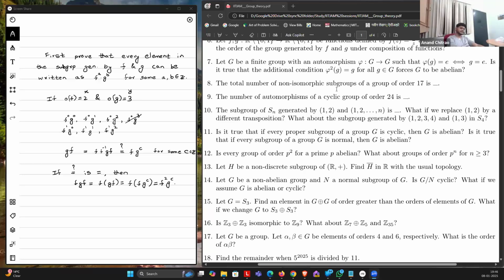And the cardinality of U24 is 9. Yeah, why is that? So you said Aut of Z24 is isomorphic to U24, and I'll write it as Z24 star maybe. And what's the cardinality of this group?